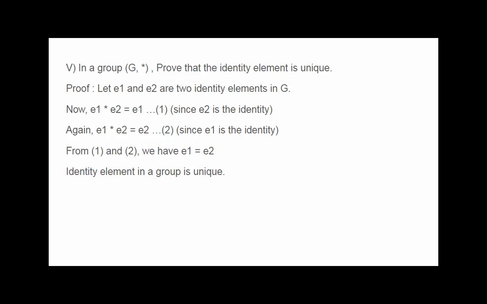So let E1 and E2 be two identity elements in G. What we will do now is E1 star E2 is equal to E1, since E2 is the identity. With the help of the definition of identity element, whatever operation is performed with the identity element on the other element gives that other element as the answer. So here we write E1 star E2 is equal to E1.